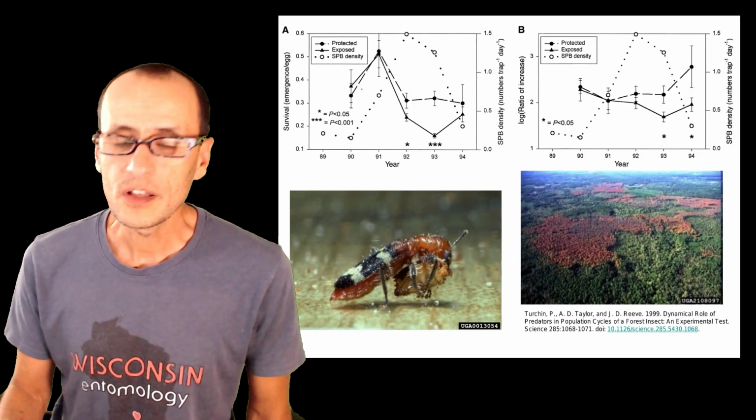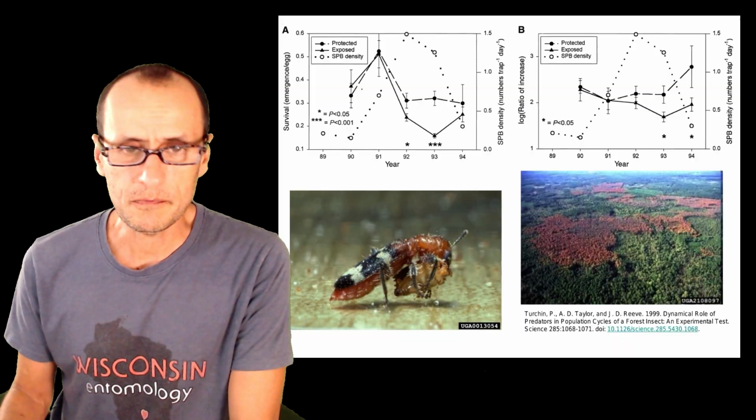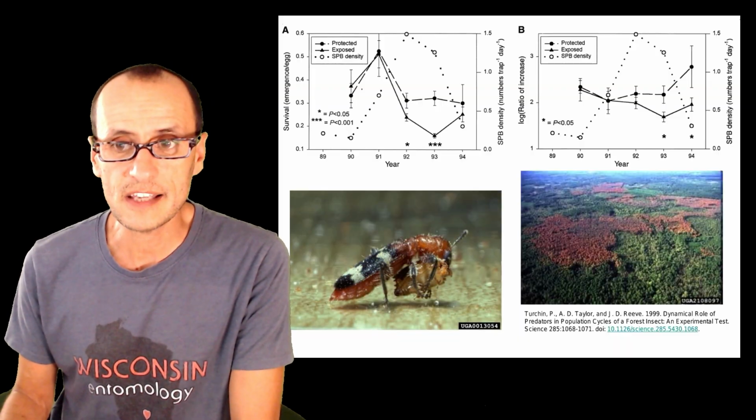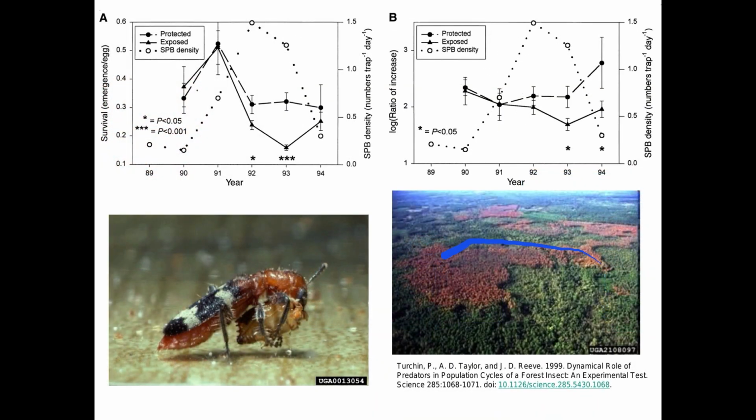Here's another example looking at bark beetles. Bark beetles are eruptive insects. These brown and red areas here are dead trees, basically, that have been fed upon by these bark beetles.